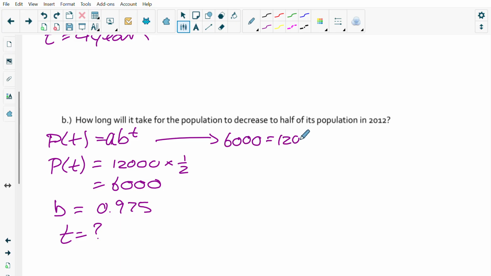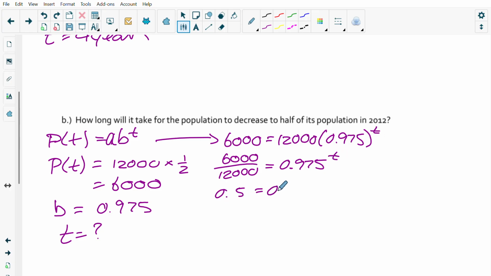6,000 equals 12,000 times the decay rate, 0.975 to the t. That is 6,000 divided by 12,000 equals 0.975 to the t. Gonna use logarithms, folks. Okay, let's take the common log of both sides. I'm going to use the power rule, bring that t out in front. t log of 0.975.